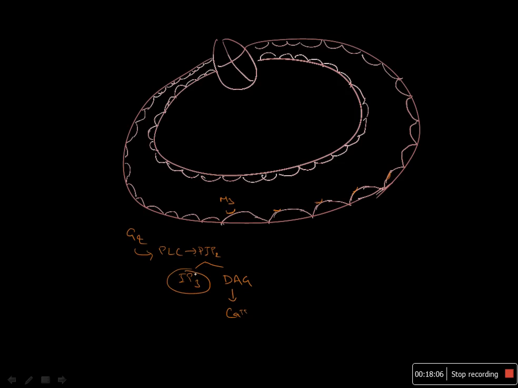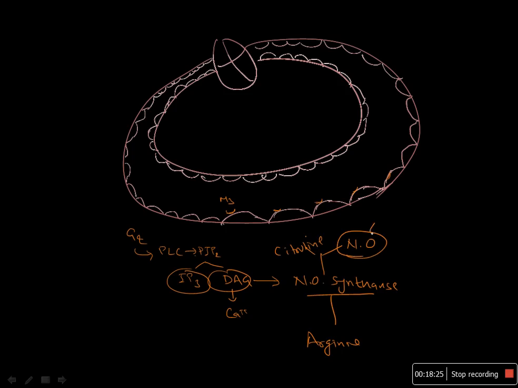Now these levels would activate nitric oxide synthase. Once nitric oxide synthase is activated, it would convert arginine into citrulline and nitric oxide. This nitric oxide is also called endothelium derived relaxing factor.